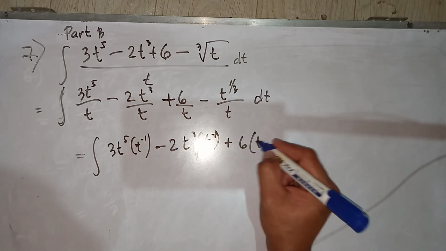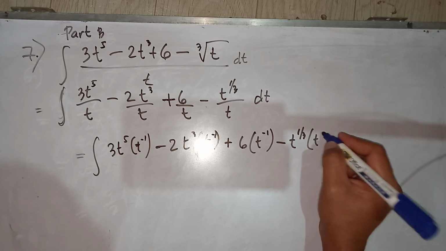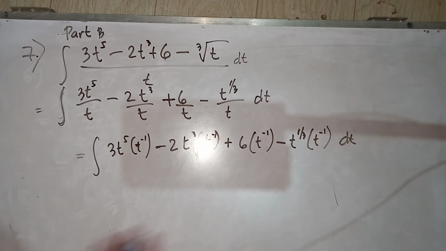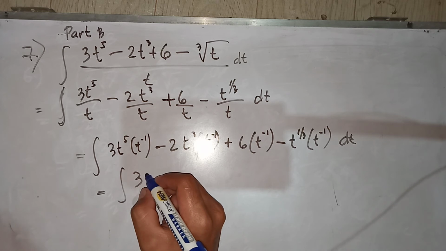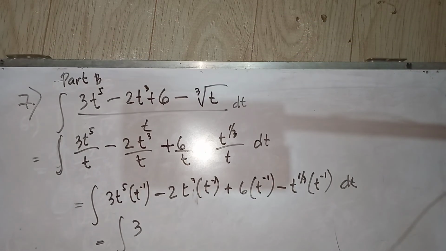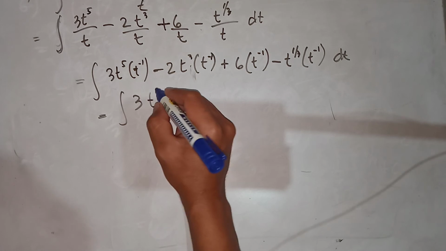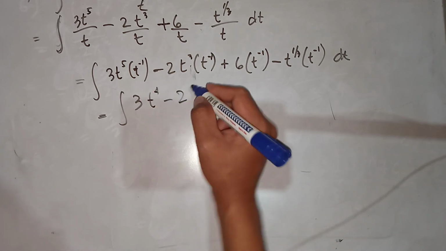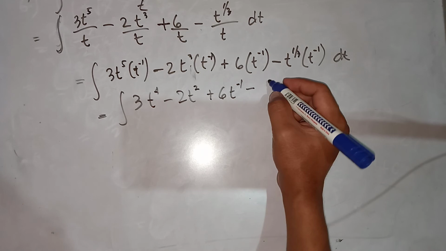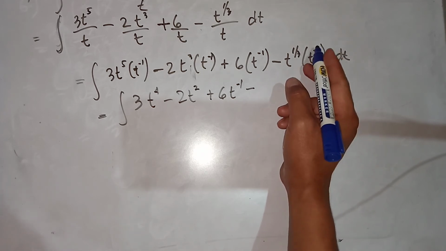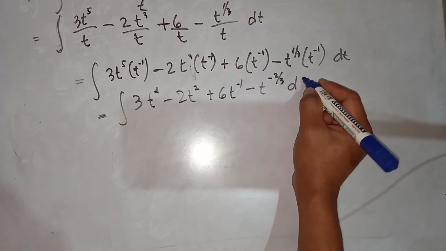Let me just simplify this. This becomes 3 t to the 4th minus 2 t squared plus 6 t inverse minus t raised to negative 2/3 dt.